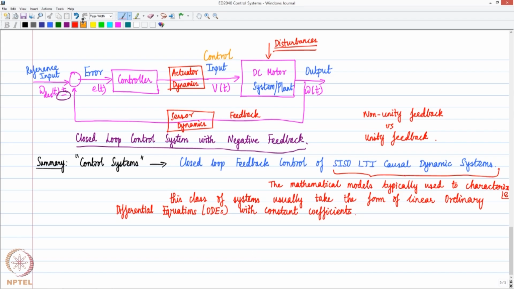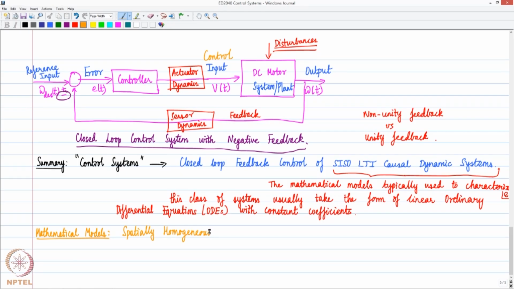Another important aspect is that the kind of mathematical models we are going to look at are what are called spatially homogeneous. That means that we do not consider variations of variables with space. We only consider temporal variations of variables. For example, let us say I want to analyze the variation of temperature of air in this room. Obviously the temperature of air in this room can be different depending on the point where I am measuring and also the time at which I measure.